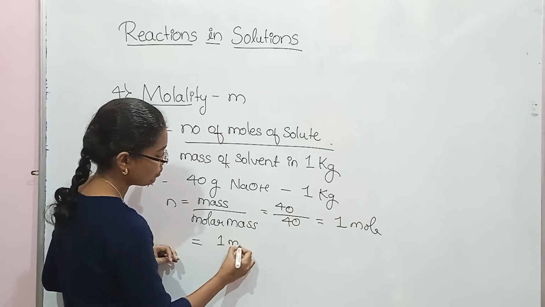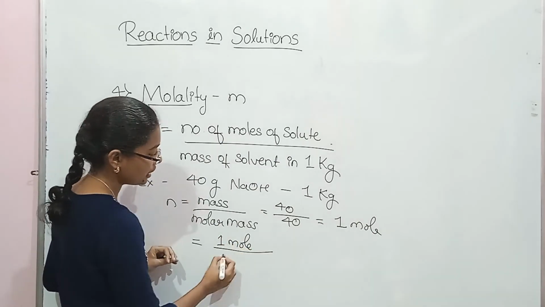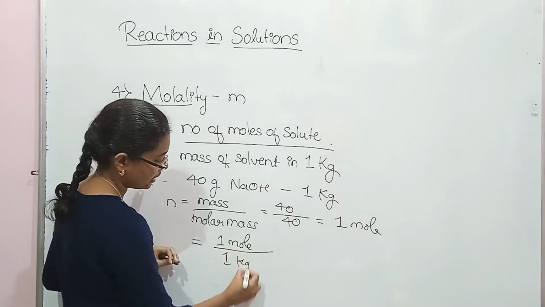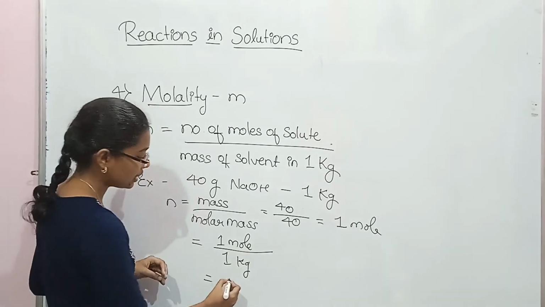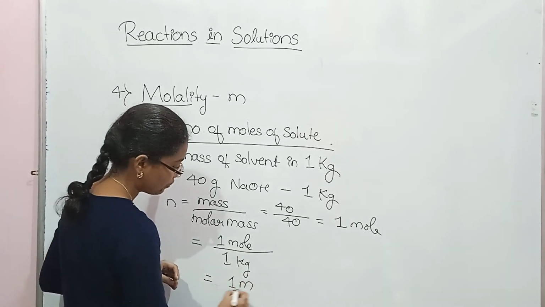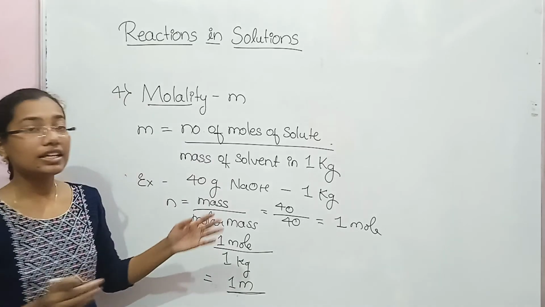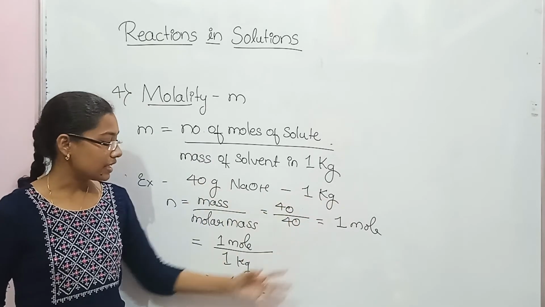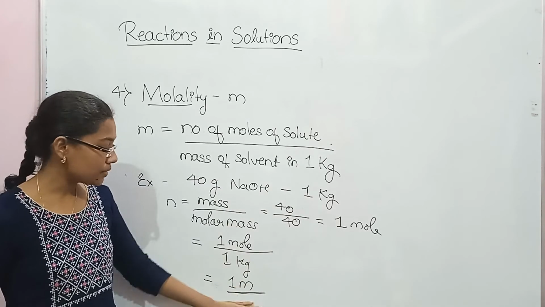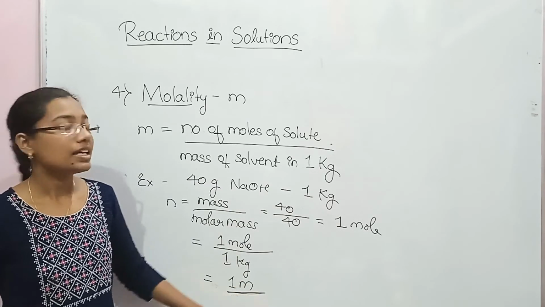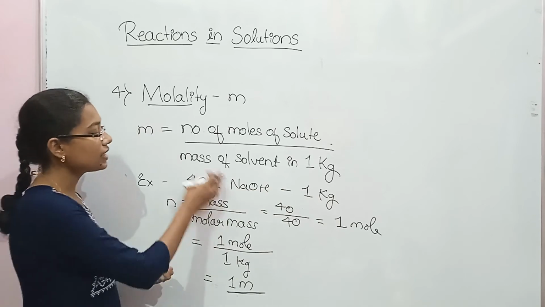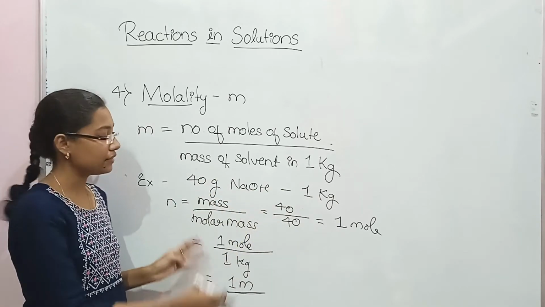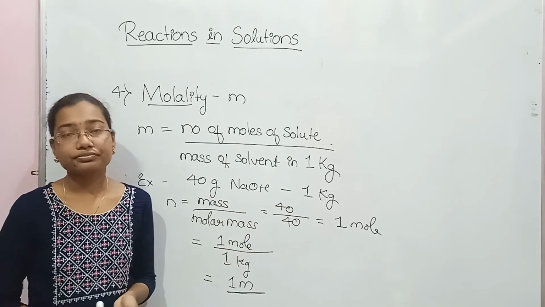We got 1 mole dissolved in 1 kg, so we'll get 1 only. It will become 1 m. So if we dissolve 40 grams NaOH in 1 kg water, the molality becomes 1. Okay. This is how we convert grams into moles and do the calculations.